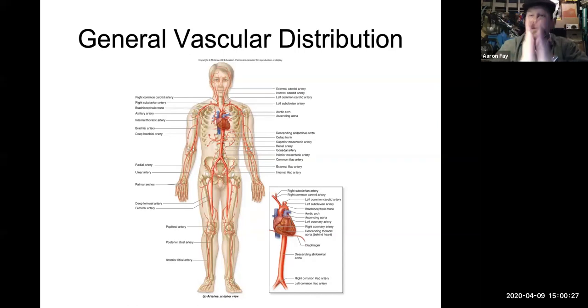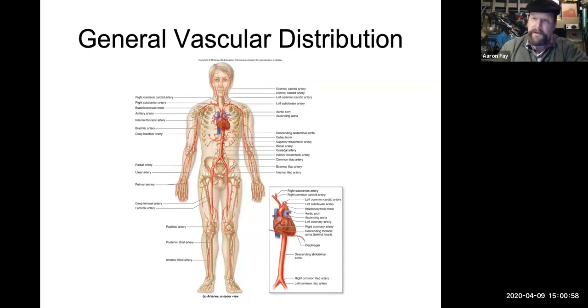But getting back to the differences between arteries and veins, here at the heart we have 3 branches coming off of the aortic arch. Brachiocephalic trunk, which then splits into the right subclavian and right common carotid. The next 2 branches off the aortic arch are separately the left common carotid and the left subclavian. Notice there is no left brachiocephalic trunk, right?